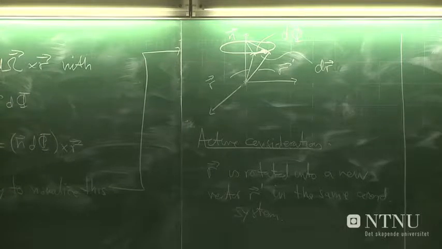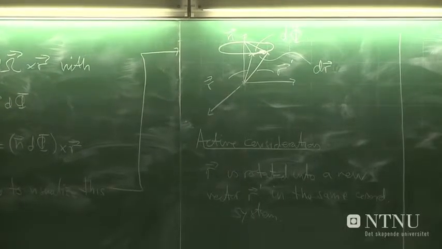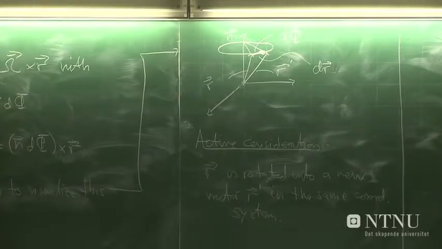So one application of this consideration of infinitesimal rotations is that it allows us to say something about the time change of vectors and how the time change of a vector is perceived differently depending on which coordinate system you are positioned in.